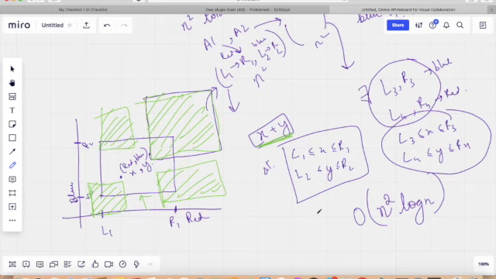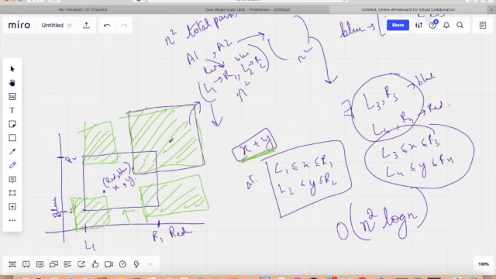Now this data structure itself might also be kind of hard to do, so we can do something else instead. Think of all the lists generated by A2 as these green colored rectangles, and think of all the pairs generated by A1 as red colored rectangles. Then we basically want to find the maximum value of x plus y such that x comma y is present at an intersection of a red and green rectangle, right?